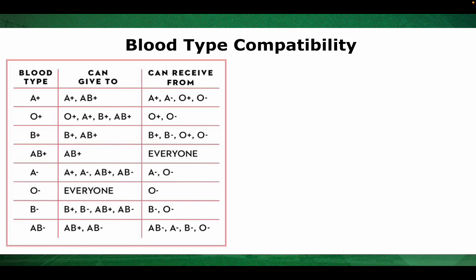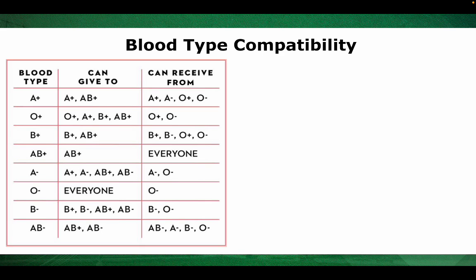This chart tells us which blood types can safely donate to and receive from other blood types. It's all about matching the ABO blood group and the Rh factor. Now you have a lot of things to consider. Number one, the ABO blood group. The A, B, and O depend on the antigens on the red blood cell.